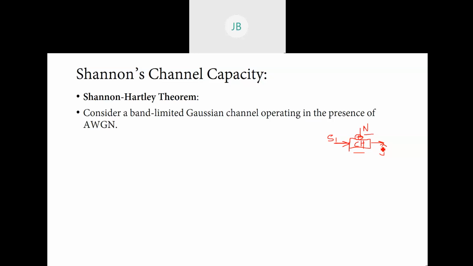So in this condition, if the channel is band limited, that means this channel has a finite bandwidth. That is called a band limited channel, and the noise that gets added will have a Gaussian distribution, that is called a Gaussian channel or white Gaussian noise.